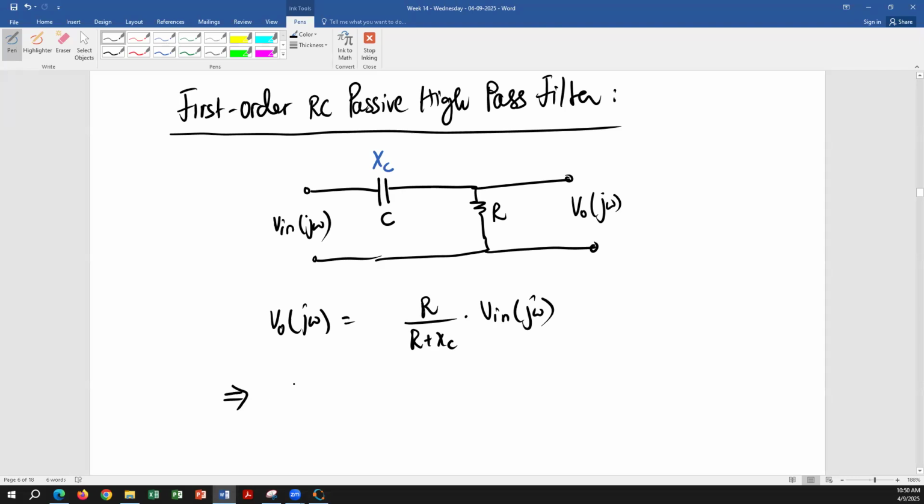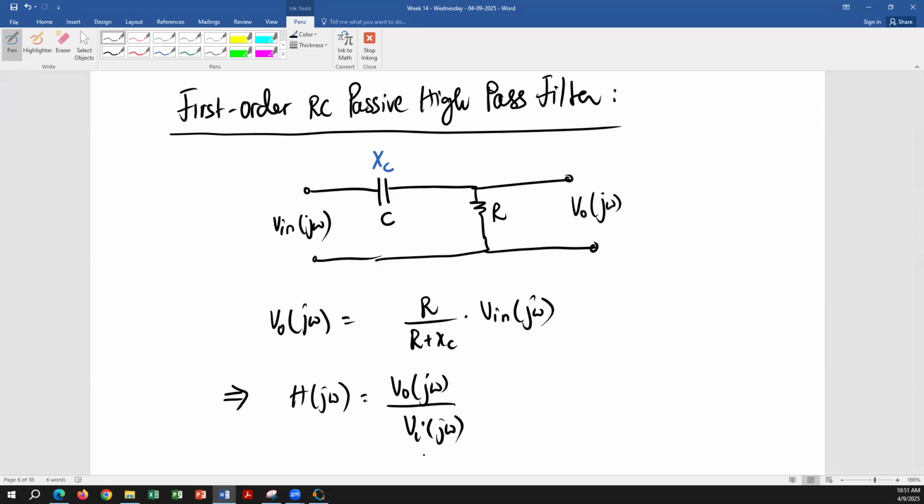So the transfer function. By the way, if you are calculating the magnitude of the output, and you have the magnitude of H of j omega, remember H of j omega is the ratio between the output and the input, right? So all you have to do is multiply the H of j omega magnitude times the input magnitude, and that's going to give you the output magnitude.